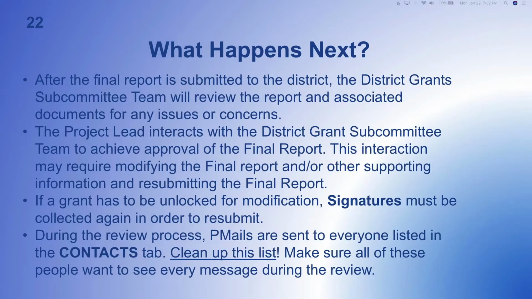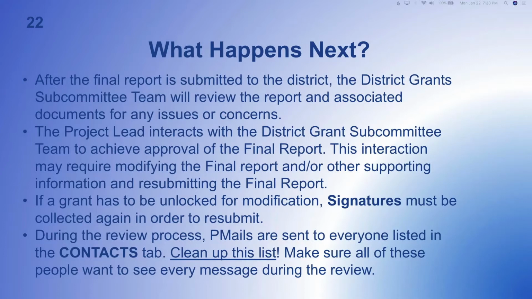But here's an issue that has come up. In your applications tab, there's a contact list that your club grant lead fills out. He adds people to that. And every time the grant subcommittee sends out a P-mail, every single person automatically gets a copy of that P-mail.